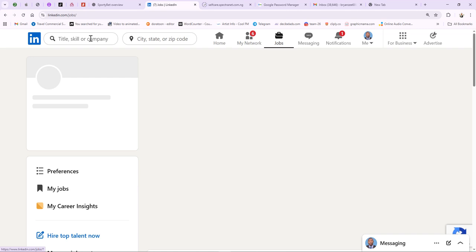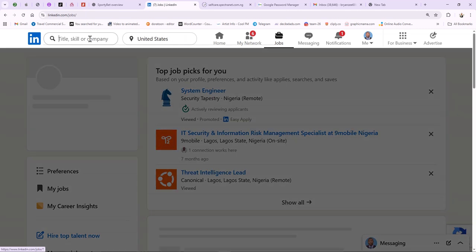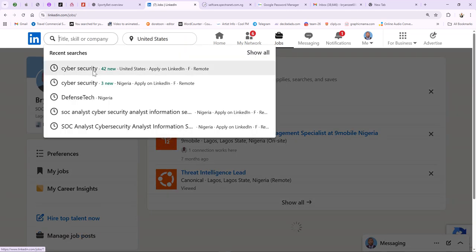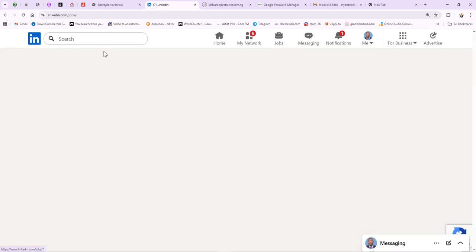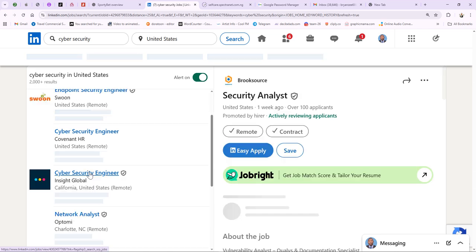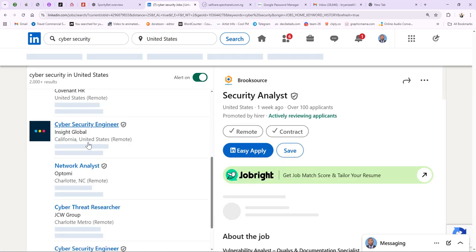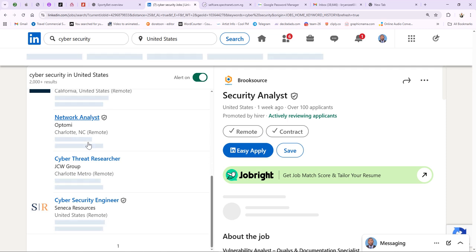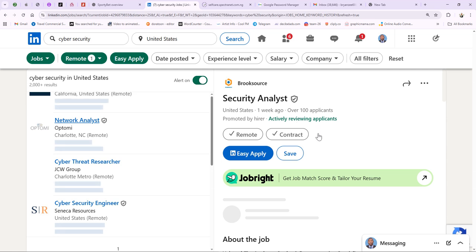I think it's already on my search. Search cybersecurity, and let's look at the jobs that are going to come out. See how, this is a security analyst, we have security engineer. Let me check if there is any level one analyst job. Okay, security analyst here.